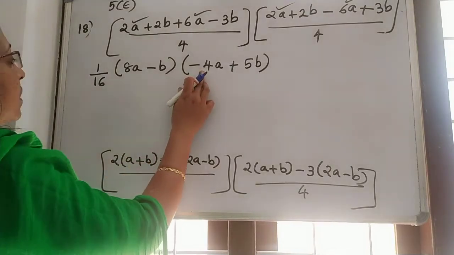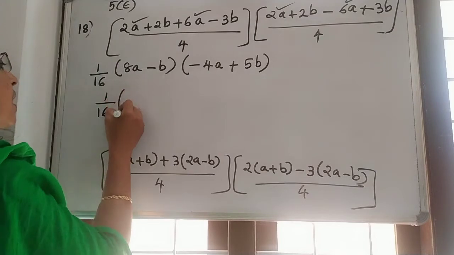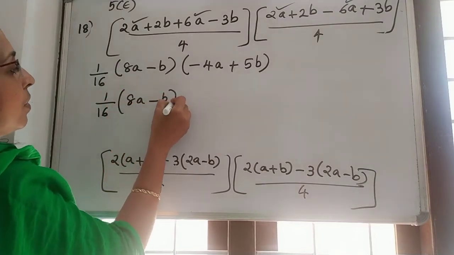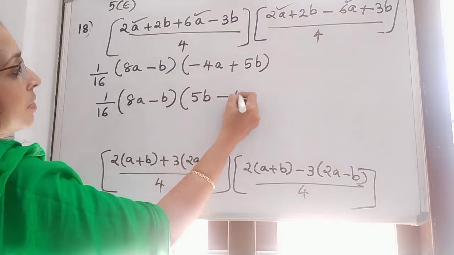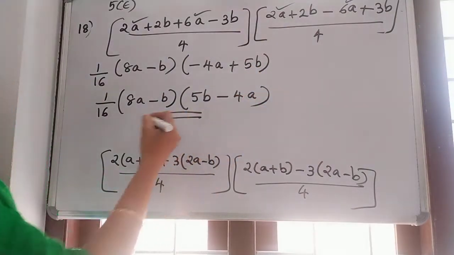So minus is here, so we can rearrange that as 8a minus b, first we can take positive sign, so we can rearrange it as 5b minus 4a, that is your answer. Okay.